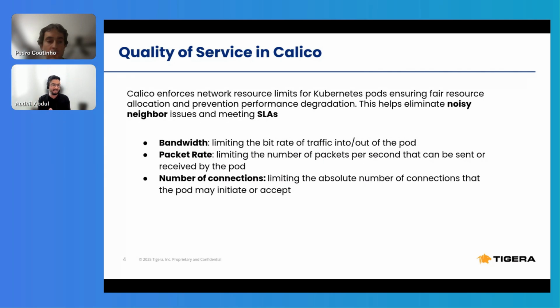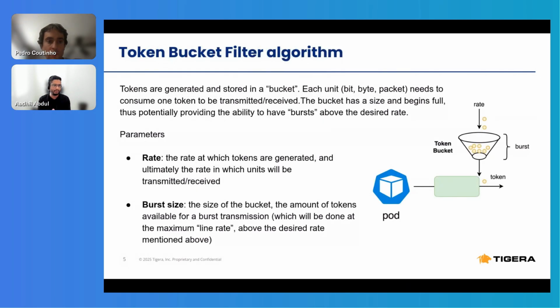So in those instances, it might be useful to enforce a packet rate limit. And the number of connections or the number of active connections that can be maintained at a given point in time by a given workload. Okay. So next up, let's look at each of these controls in a little bit more detail. And like I mentioned before, Pedro will do a demo for each of those. All right, Pedro, over to you.